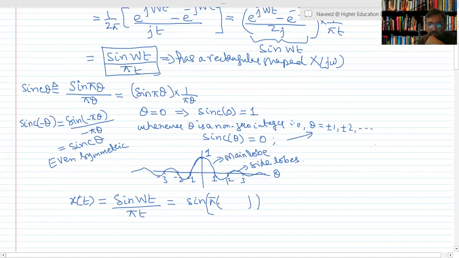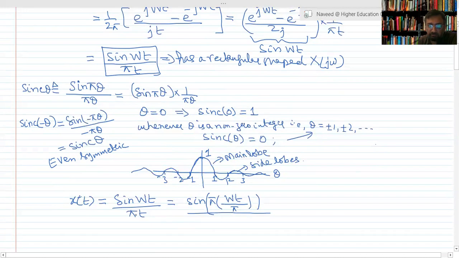There is no pi in this argument, so if I multiply by pi here, I have to divide by pi, and this is my theta. And in the denominator, I also need pi times this value.